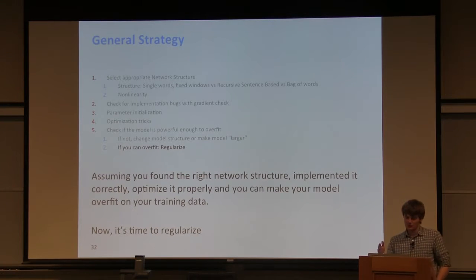Awesome. So now let's assume you found the right network structure, you implemented it correctly, and you know you implemented it correctly because you either used TensorFlow or you checked with a finite difference gradient check. You optimize it properly, you visualized your activations, and you know it's doing the right thing, at least when you start optimizing.